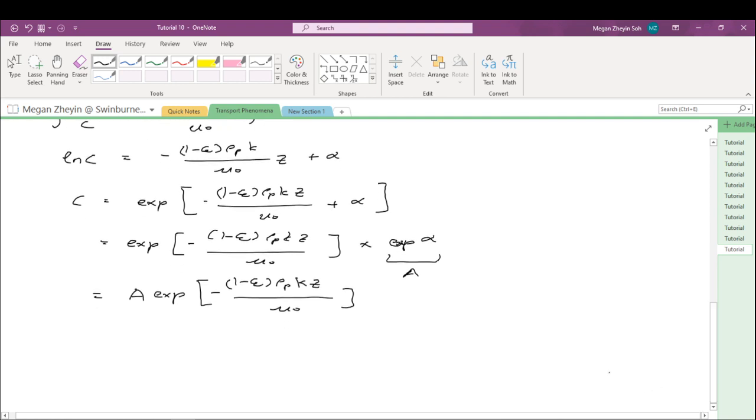Now, given the initial condition that at z equals 0, c equals C0. So at z equals 0, we know that c equals C0.